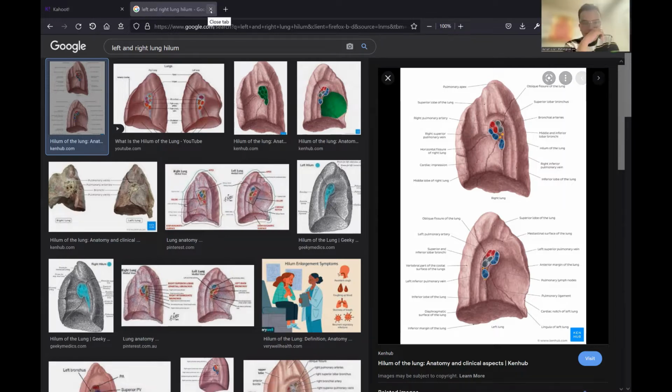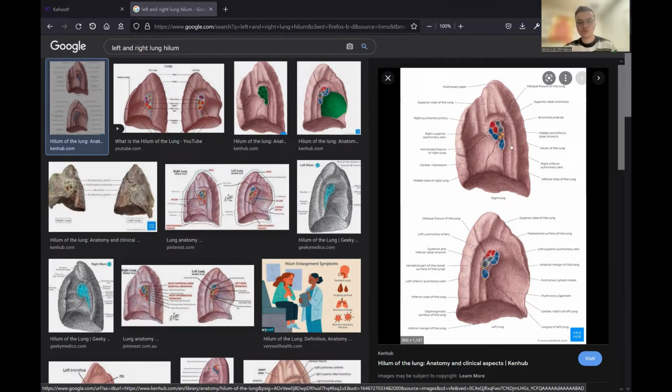Just while you're there, James, really quickly. Just to also highlight the fact that there's a bunch of impressions on the lungs themselves. Not really important for your exams, but when you get to dissections, someone might ask you what this impression is made from. The main way you can think about it is what would be on this side of the mediastinum, left side versus right side.